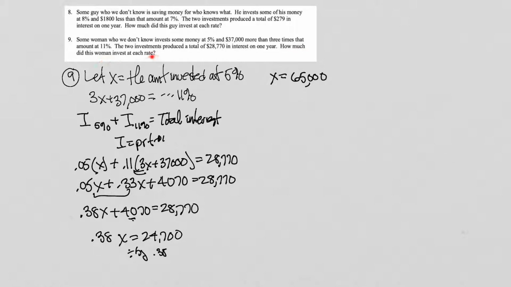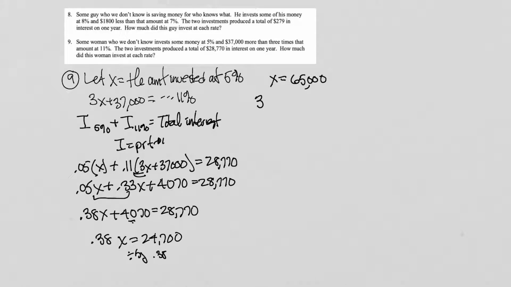So here's the question then. How much did she invest at each rate? Well, what is the X? The X, if you follow it all the way back, that's the amount she invested at 5%. Now, the amount she invested at 11%, that's down here, right? So I've got it right here. I'm just going to write it right below. 3x plus 37,000 equals, and I've got the x right there.